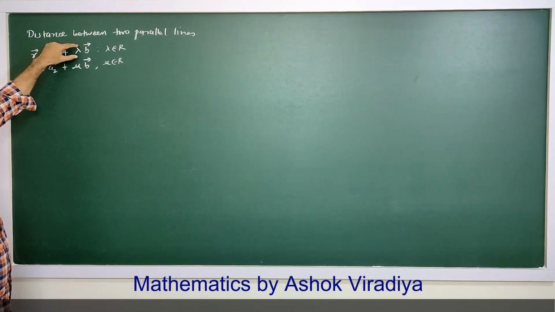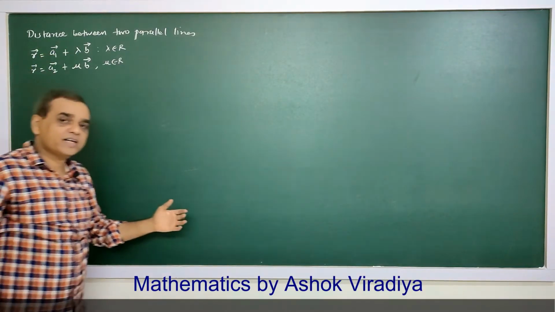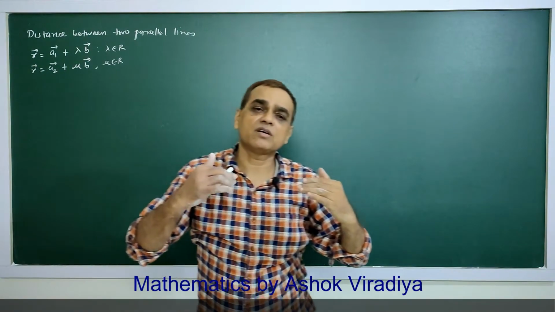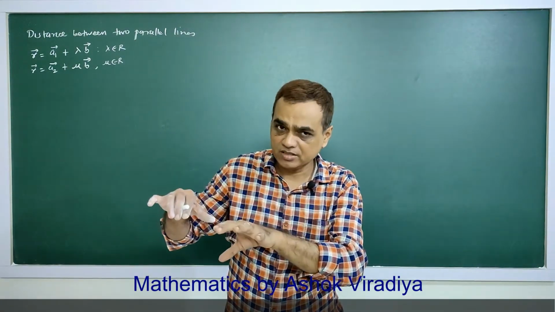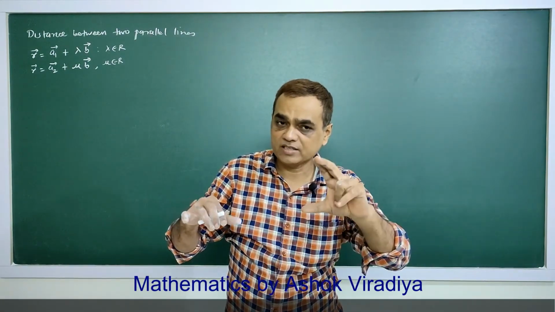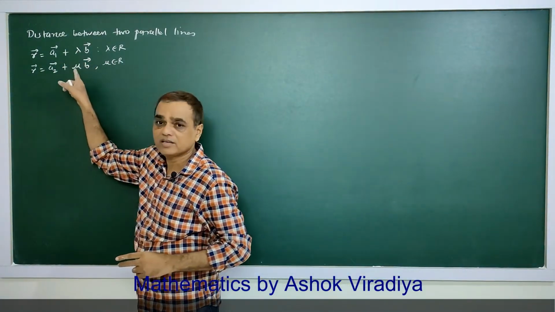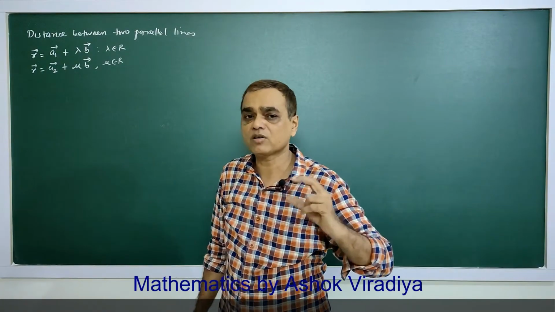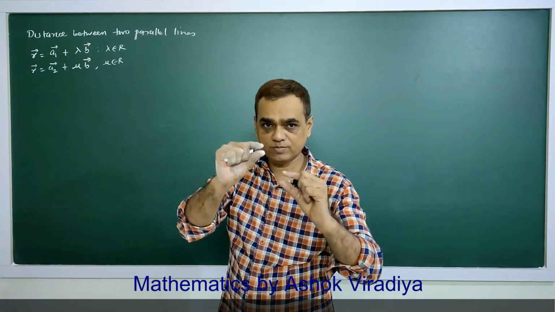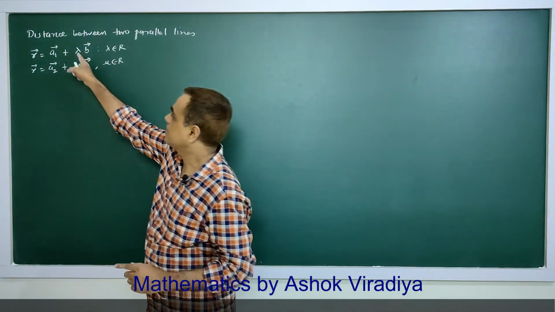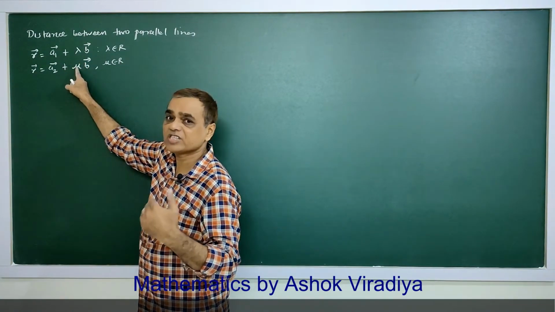You can also use the same symbol, lambda, lambda or mu, mu. Wherever we write equations of two lines in the same discussion, we use different symbols. Instead of using different parameters, you can use the same, because it is not a fixed value. Lambda is changing its value, mu is also changing its value.